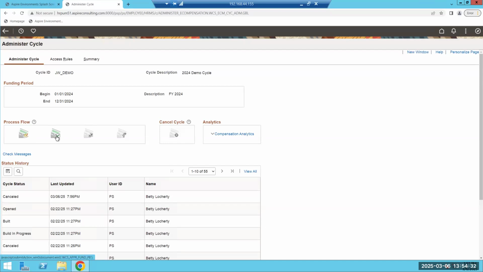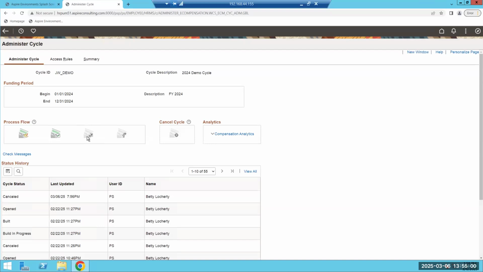Then we open the cycle, which makes it available to the managers for planning. After planning is done, we can load the cycle, which takes the merit increases and loads them back to job data, and takes the bonus payments and loads those to payroll to be paid.